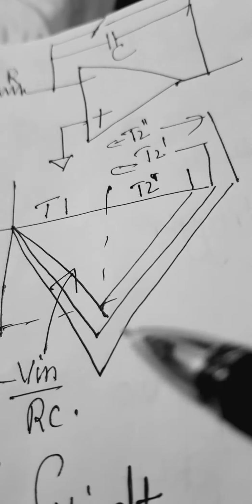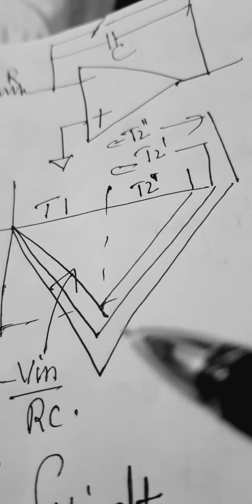So suppose, for example, if Vn is very small, suppose I am putting 5 volts here, and here I am putting 10 volts. Now if it is 5 volts, the integrator output reaches till here. If it is 10 volts, the integrator output reaches here.